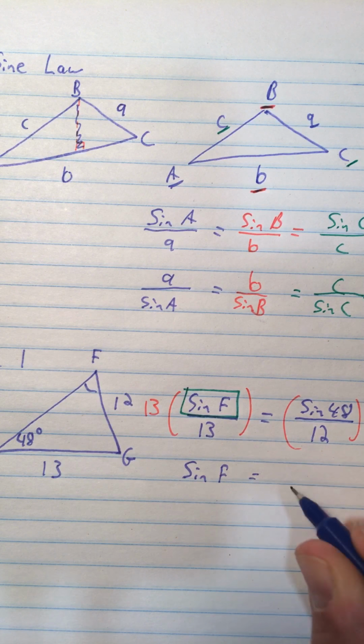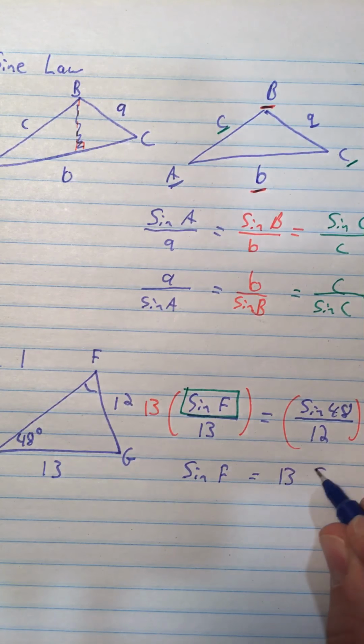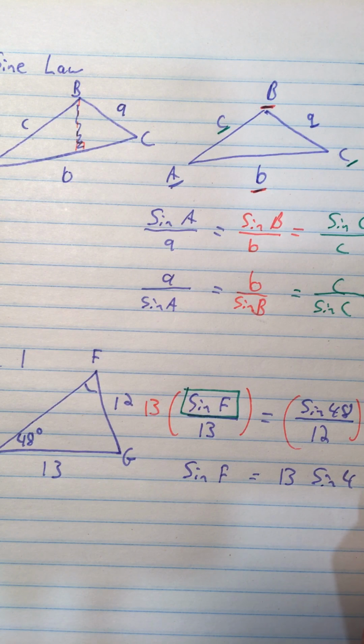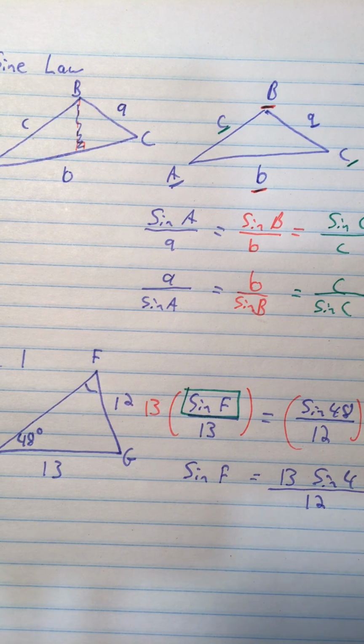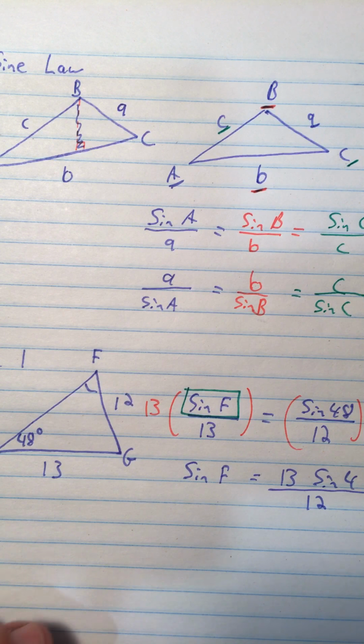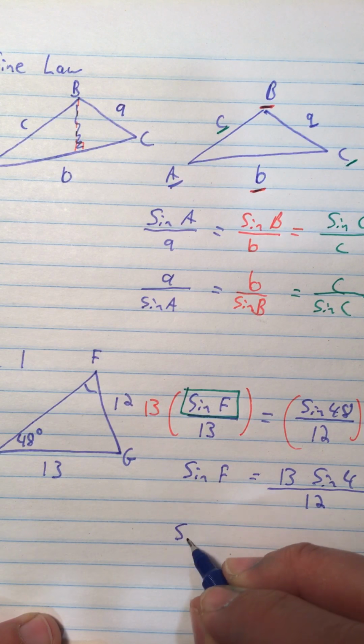When I work that out, make sure you're in degree mode. 13 sine 48, it's important to use brackets where you need to here, divided by 12, and I get sine F is equal to 0.8051. Keep 4 decimals in this place.